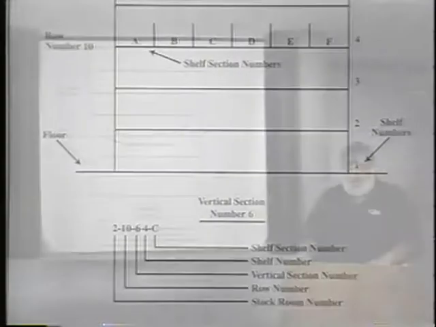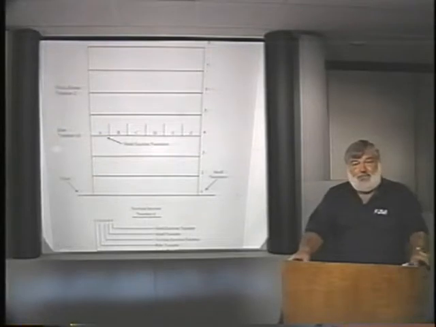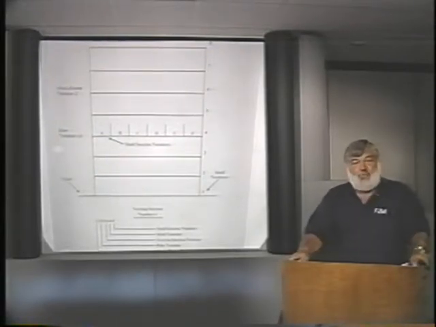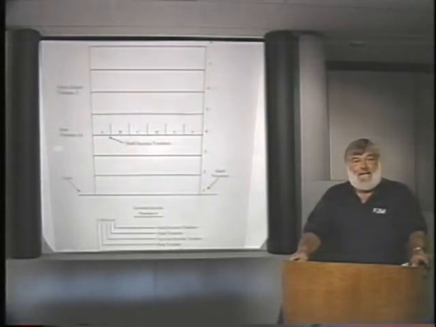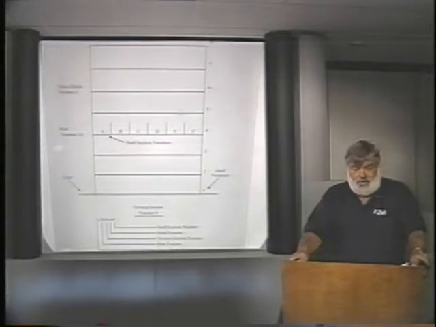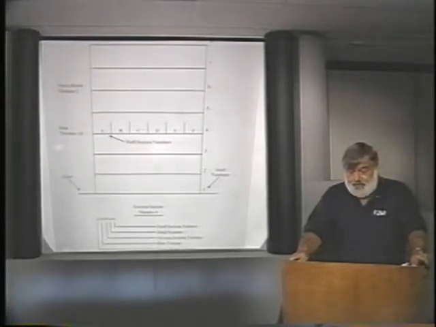But let's look at the various data elements, and then we'll get into how those data elements can comprise a particular bin location numbering system.